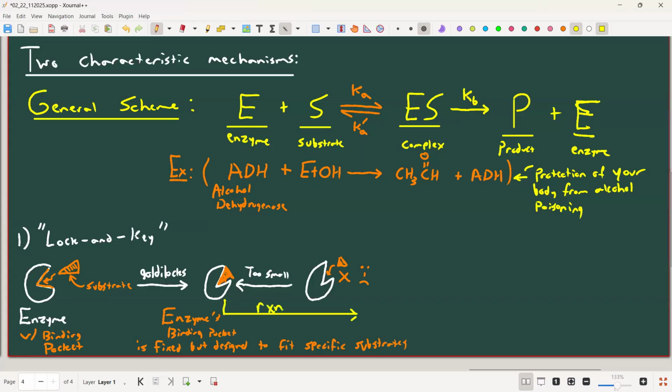So the reaction occurs and we're left with our original enzyme and a new molecule, our new product molecule, which I'll make a little kind of squiggly and all messed up. So our new molecule P. So we have S in here, we have ES, and then we have E plus P.